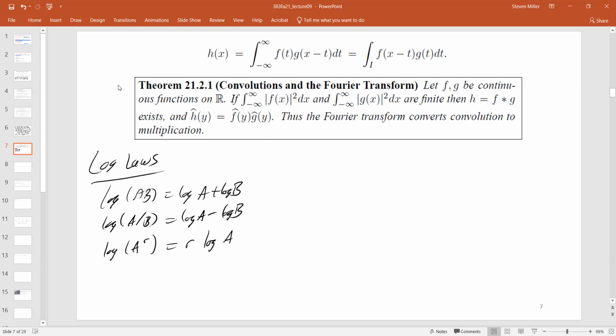What is the other log law? Change of base. Excellent. Can you state it? So log base b of x.